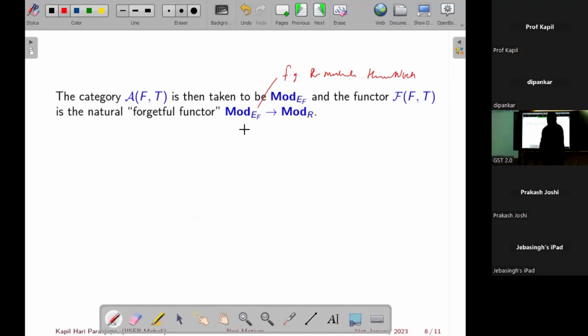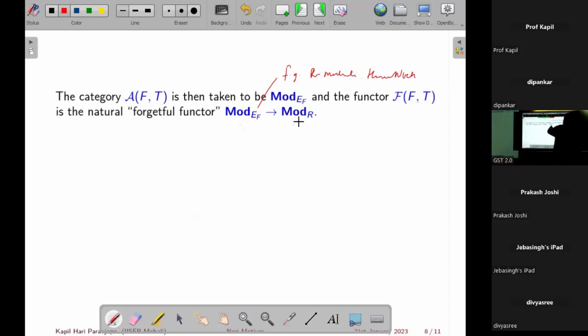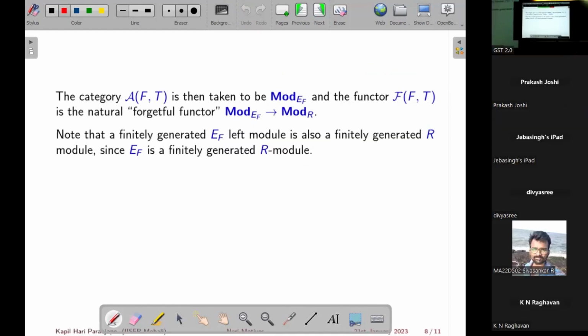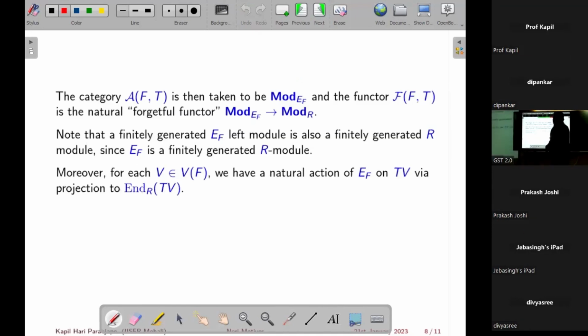And also, therefore, a functor from here to here: a finitely generated EF module will automatically be a finitely generated R module, and therefore there will be a functor like this. So there is a natural forgetful functor of this kind. Now for each V, we have a natural action of EF.